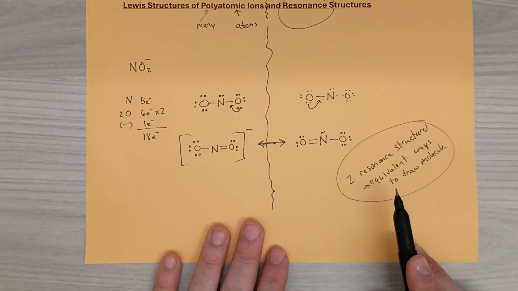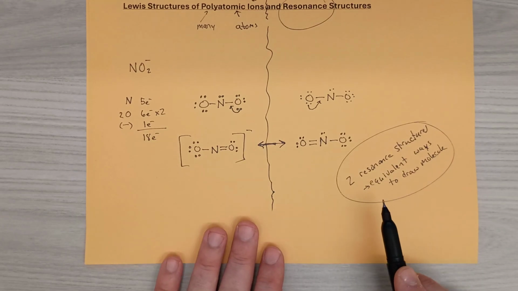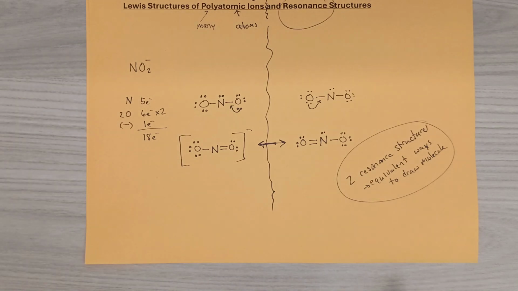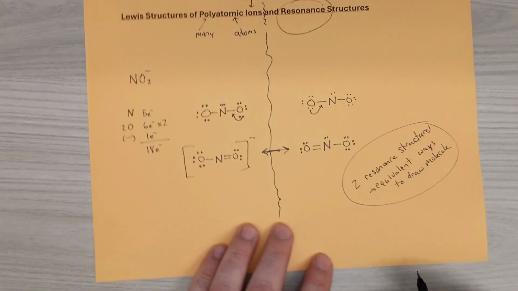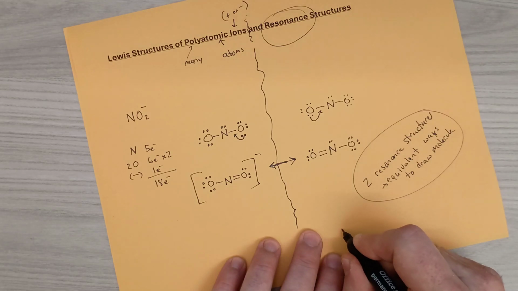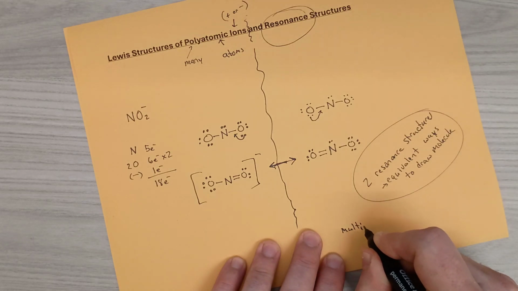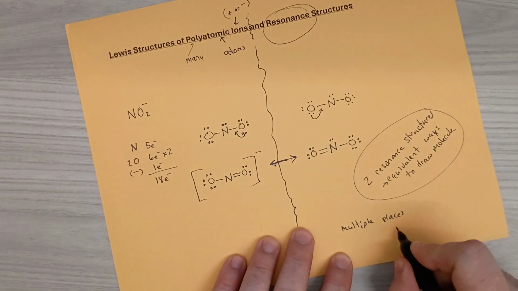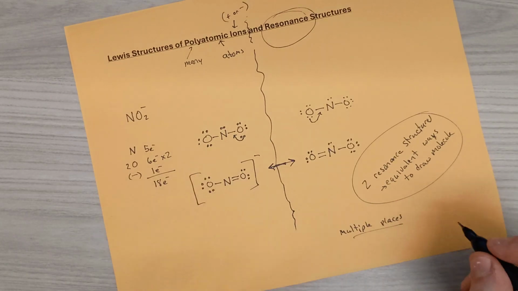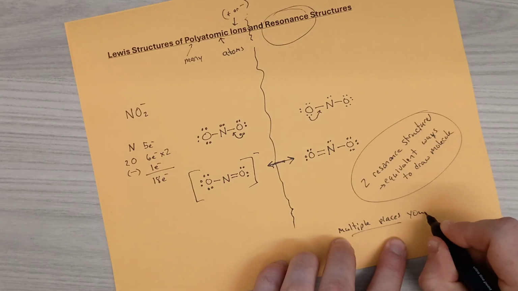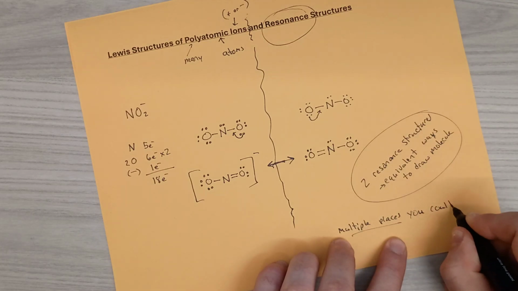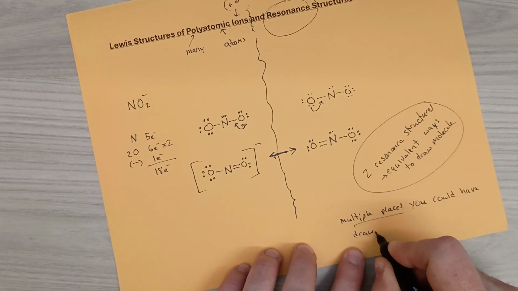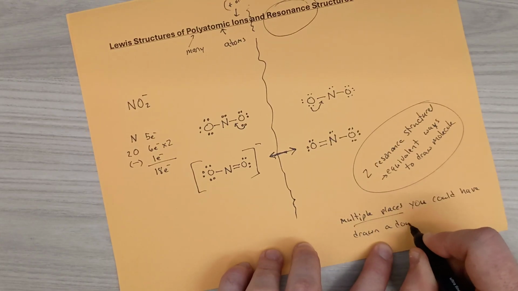Now that probably makes sense at this point, but I want to give you a simpler way to say this so that you don't get confused in the future. The only time you need to be able to spot this is when there are multiple places on a molecule or on an ion that you could have drawn a double bond.